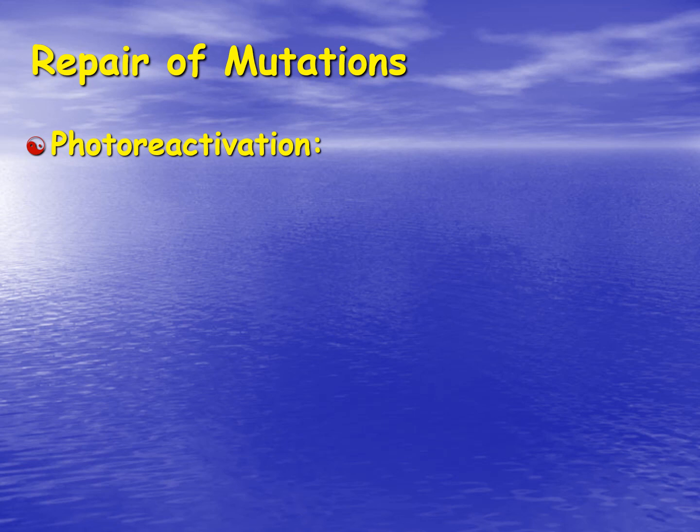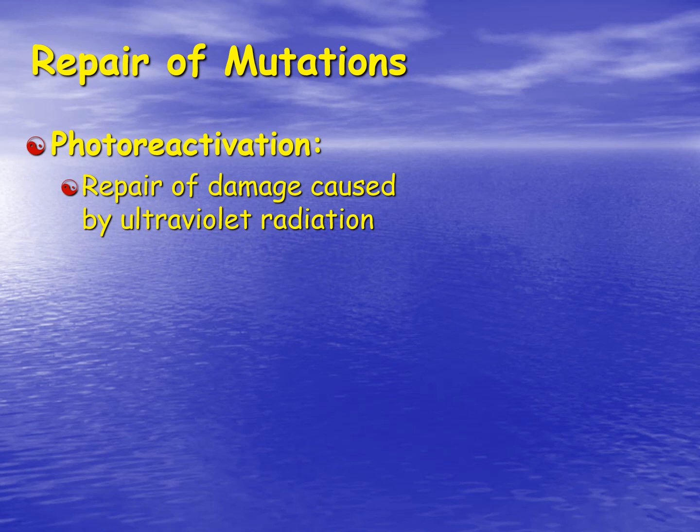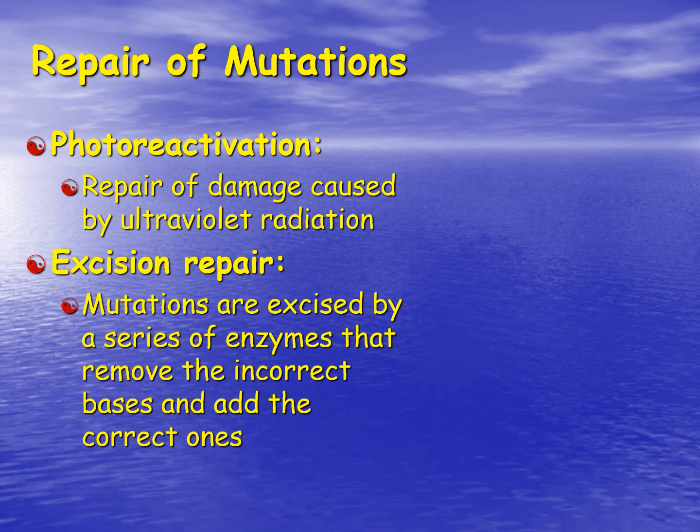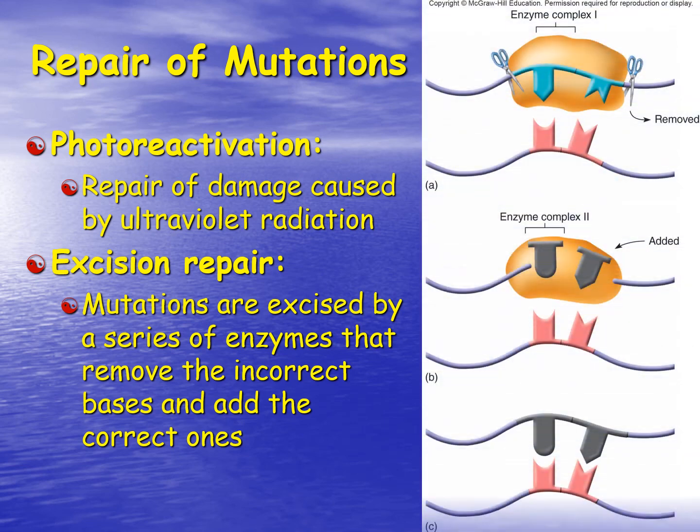Oftentimes, if we have damage from ultraviolet light to the DNA, we'll have a group of enzymes that do photoreactivation, and this simply repairs the damage caused by that ultraviolet radiation, and we'll talk about that a little bit later on as well. Excision repair, this is mutations that are excised by a series of enzymes that remove the incorrect bases and pair in the correct ones.